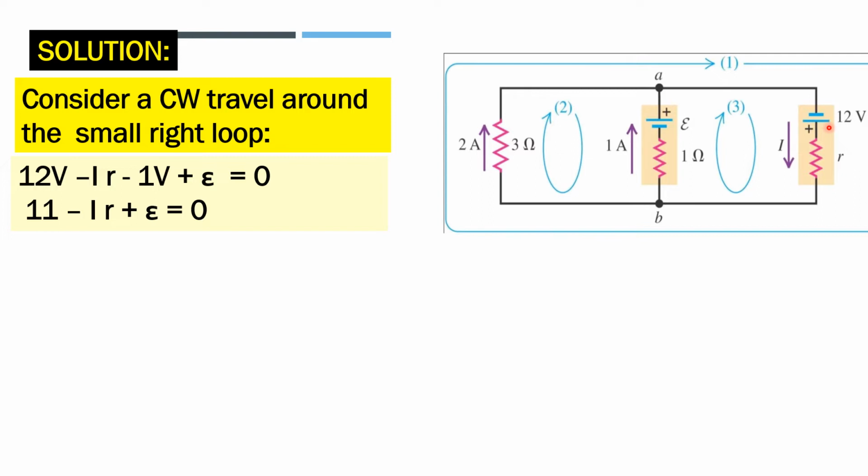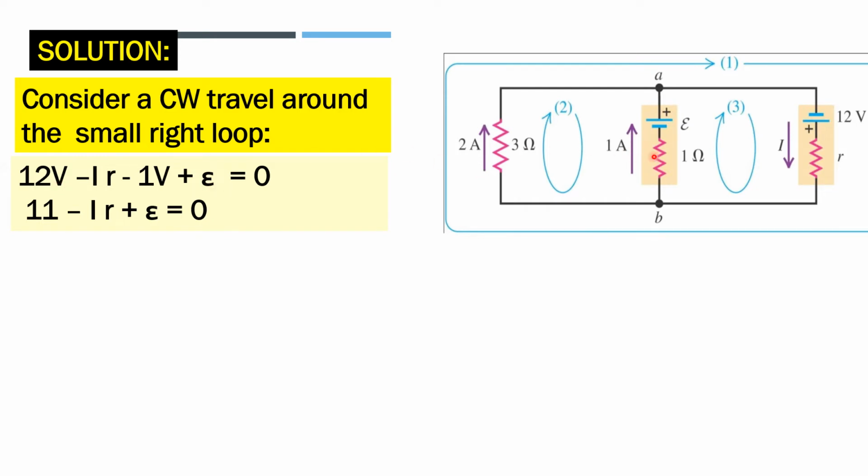So according to our loop rule, if your direction of travel is such that you will be traversing the battery from the negative to the positive terminal, then you have to consider that EMF of 12 volts to be positive. So we write it here, 12 volts.